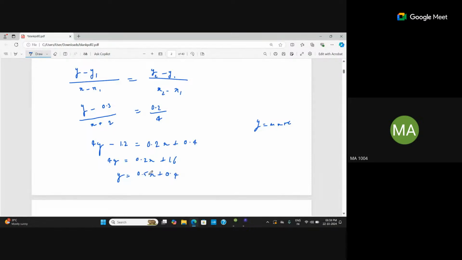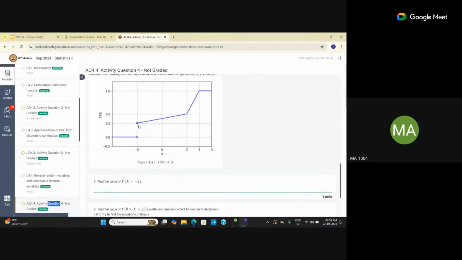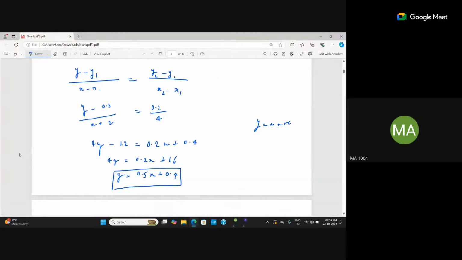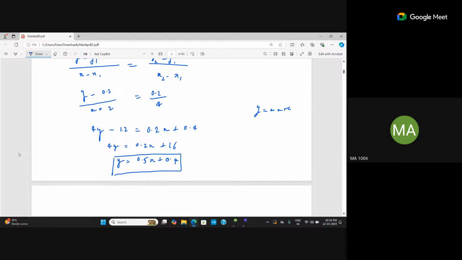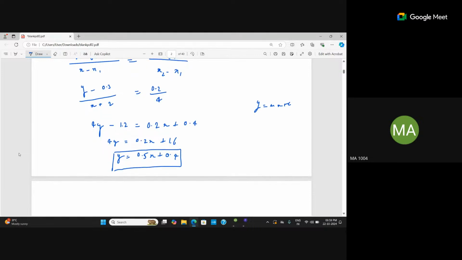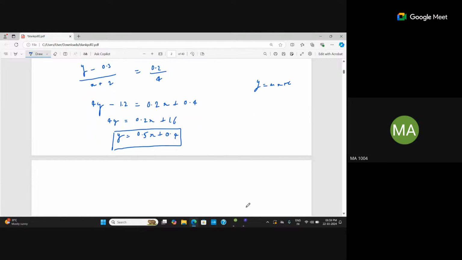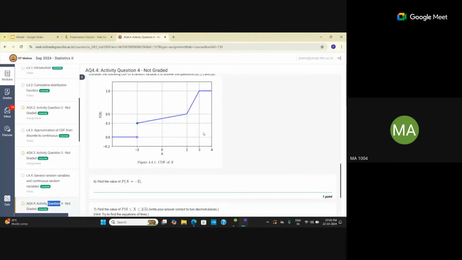So this is the equation of this line, which is from -2 to 2. We have calculated it: y equals 0.05x plus 0.4. Now we will find the equation of the next line.